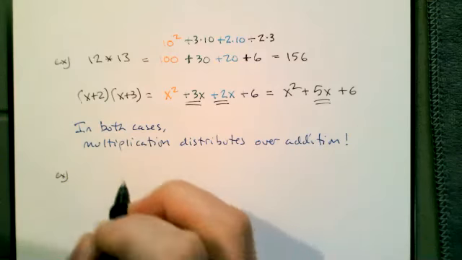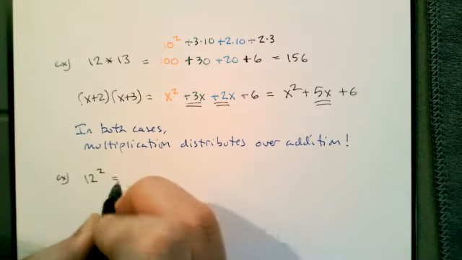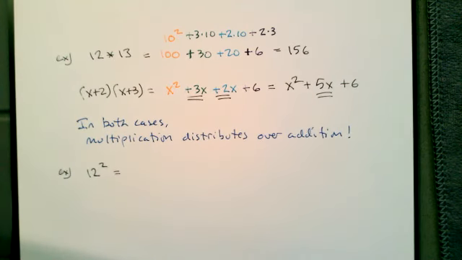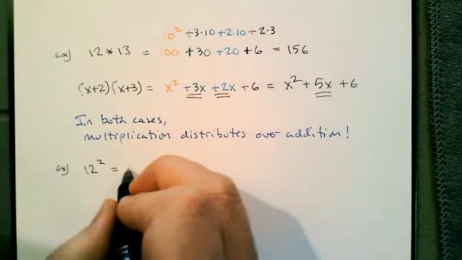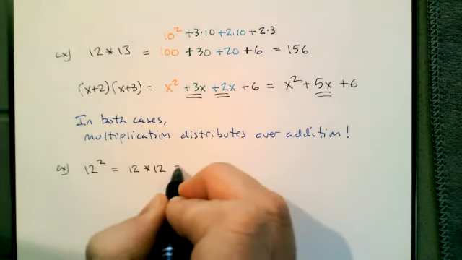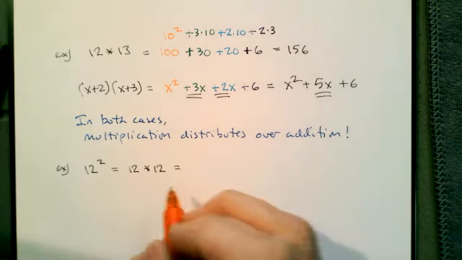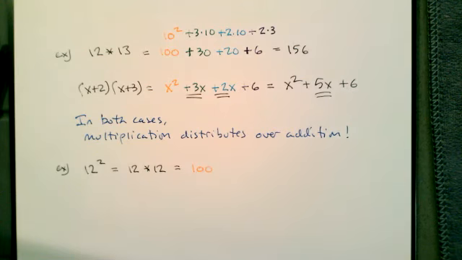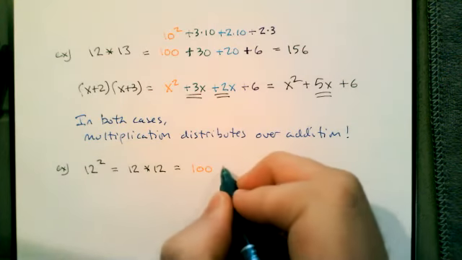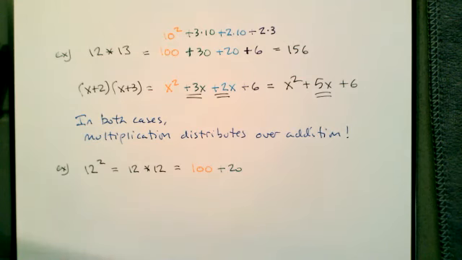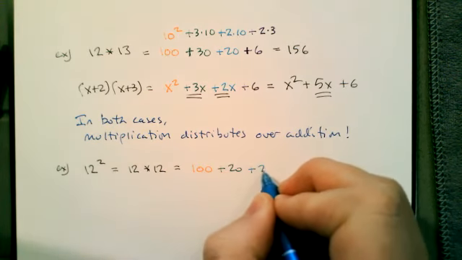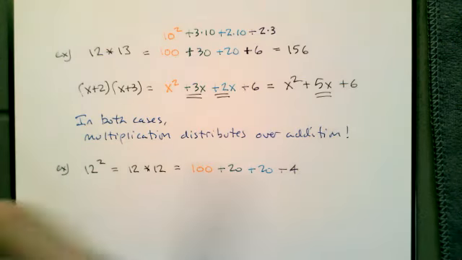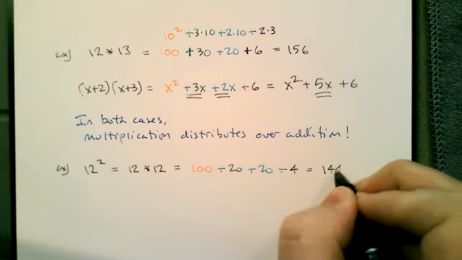So if I have, say, 12 squared, we know that this is 144, but let's watch it play out in multiplication. 12 squared means 12 times 12, which is going to be 10 times 10, because multiplication distributes over addition, 100. 10 times 2, 20. 2 times 10, 20. 2 times 2, 4. And we get what we already knew, 144.